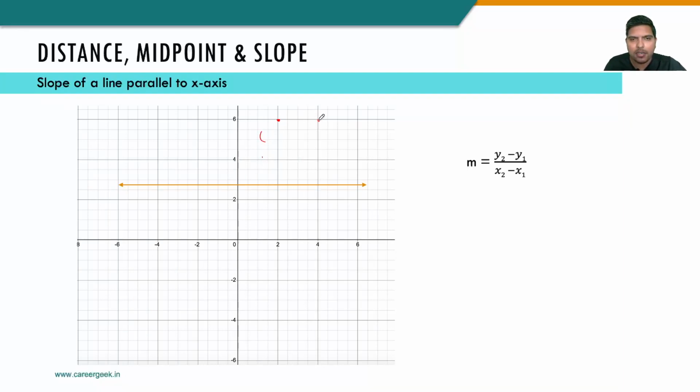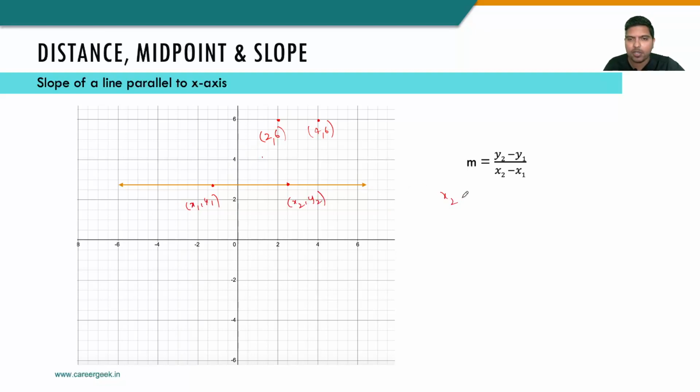Now, I've taken 2 points on this horizontal line, which is passing through 6. So the coordinates are going to be (2, 6) and (4, 6). So what is happening here? On a horizontal line, the y values are constant. So if I take any 2 points, let's say x1, y1 and x2, y2.